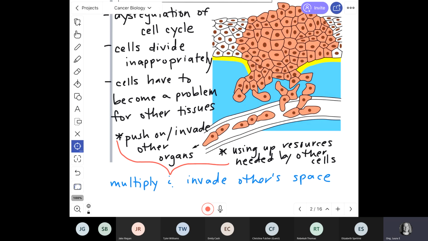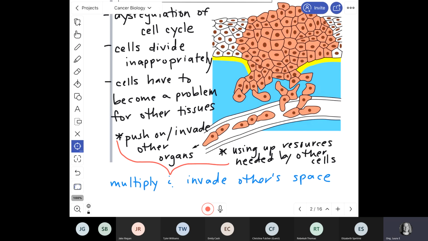The bigger a tumor gets, and I know this is probably obvious, but the bigger a tumor gets, the more likely it is to push into or invade other organs or tissues. And then this part of breaking off and then migrating to new locations, that can seed, start other tumors in the body at other locations.